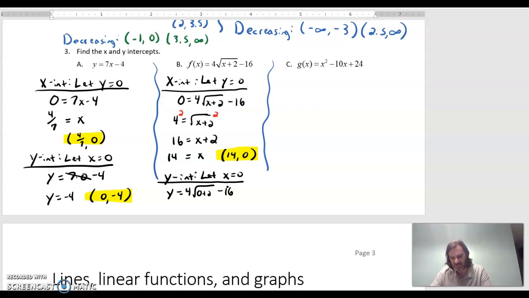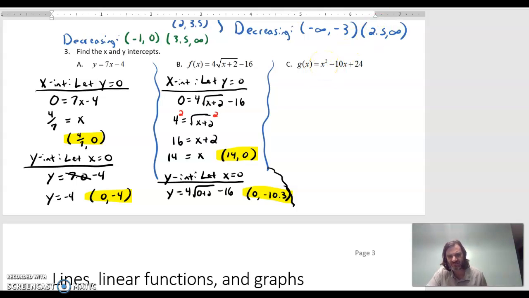So 4 times the square root of 2 minus 16 looks like it gives me about -10.3. So I'm going to say the point 0, -10.3. And that's kind of an estimation because I rounded off. I could still use 4 square roots of 2 minus 16. That's a better exact number, but if I was plotting it, I'd really have to know where that is, and the -10.3 tells me more about that.